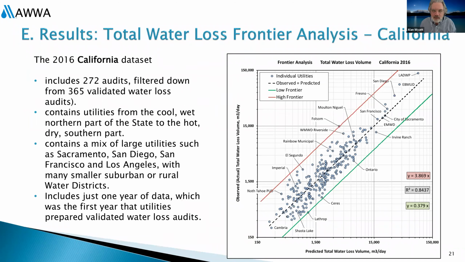And here we get into some results. I've first taken total water loss. Part of the reason that we did total water loss is that in the top-down water balance, if apparent loss is not estimated correctly, then the resulting real loss is inaccurate.